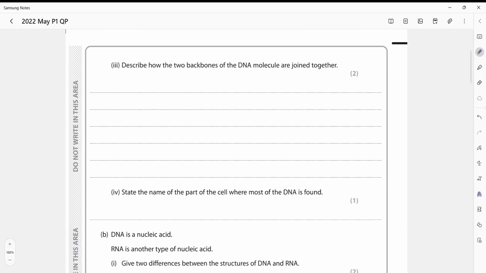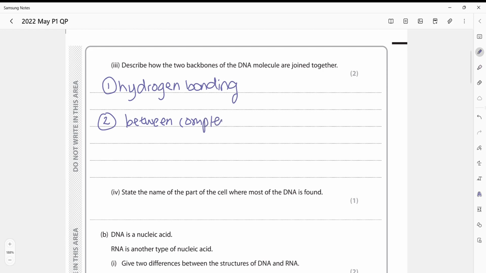All right, describe how the 2 backbones of the DNA molecule are joined together. So the 2 strands are joined together by hydrogen bonding. Remember that there is hydrogen bonding between complementary base pairs.